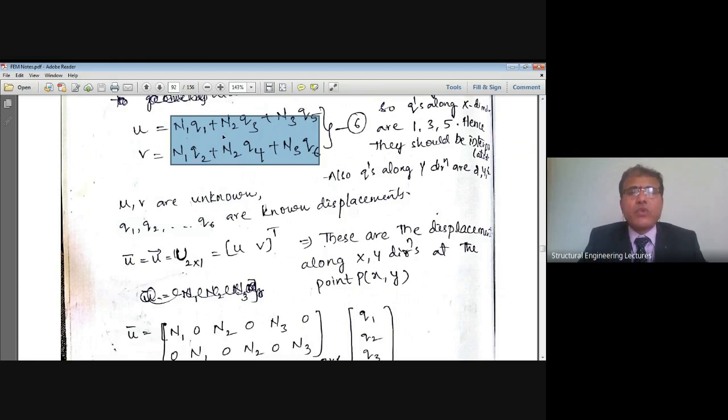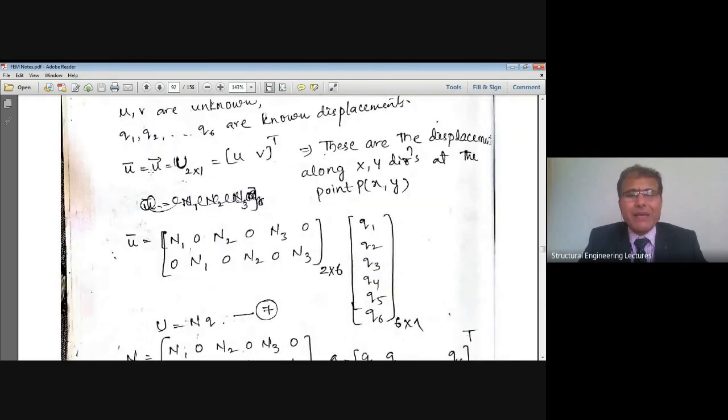Therefore, once you know these, the unknown displacement at that location, at that point P, can be evaluated, right? That is how the displacement vector is generally notated by u or u bar or u arrow. All are the same, which is a 2 by 1 vector given by u v transpose, right?